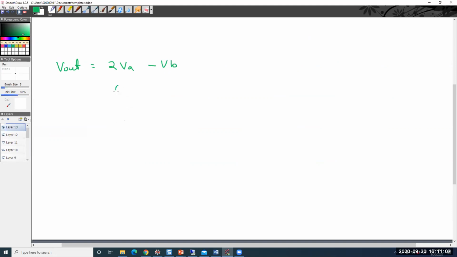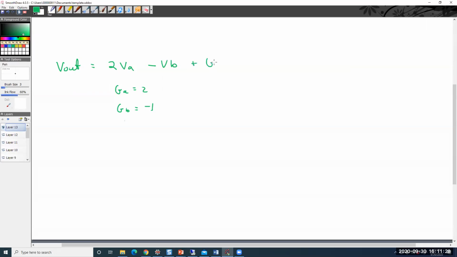All right. So the gain A equals 2, gain B equals minus 1. Now, I'm going to show you how to fix that. But essentially, we want this equal to 0.